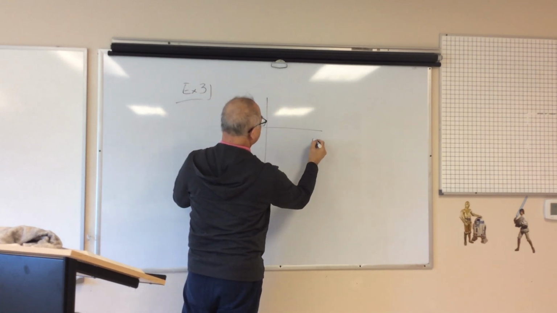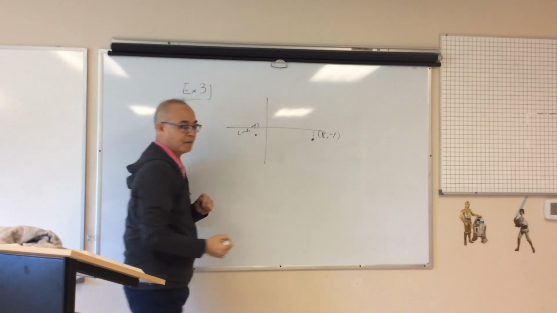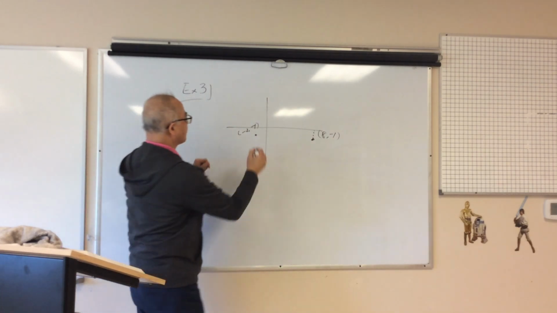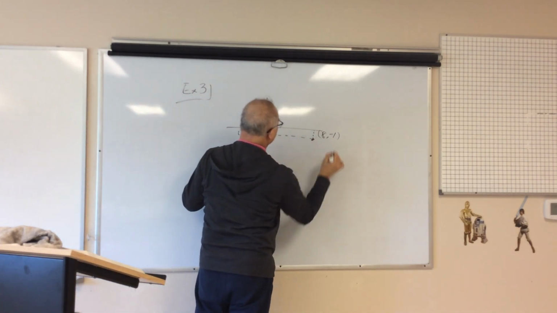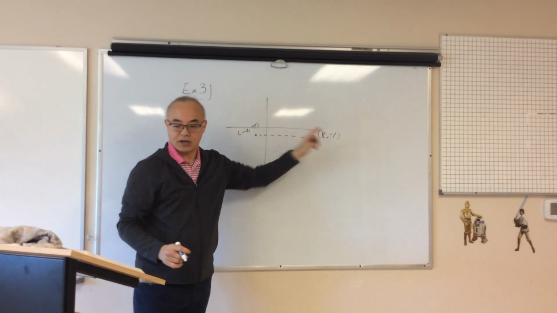I'm going to go over here, I'm going to have 8 and -1. Those are my endpoints. So that's -1 right here, right? Because I have -1 here and -1 here.